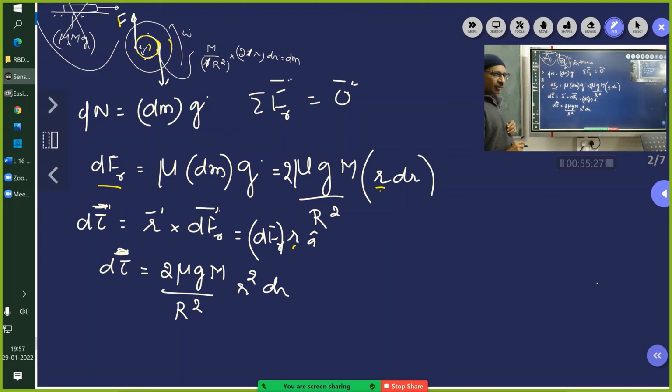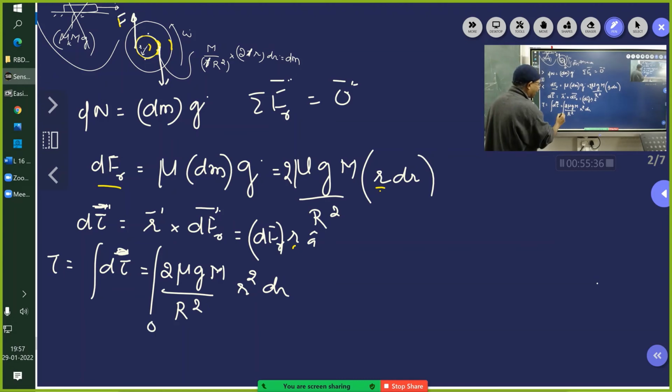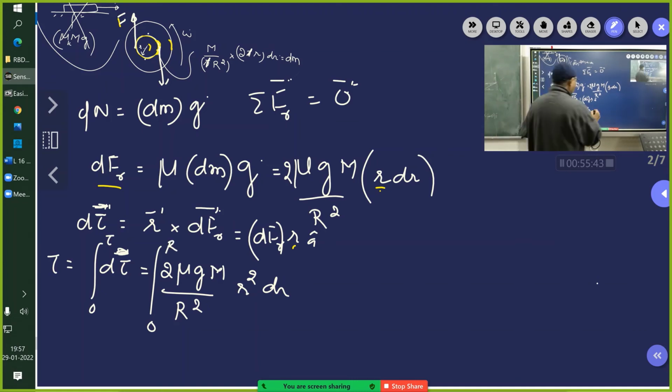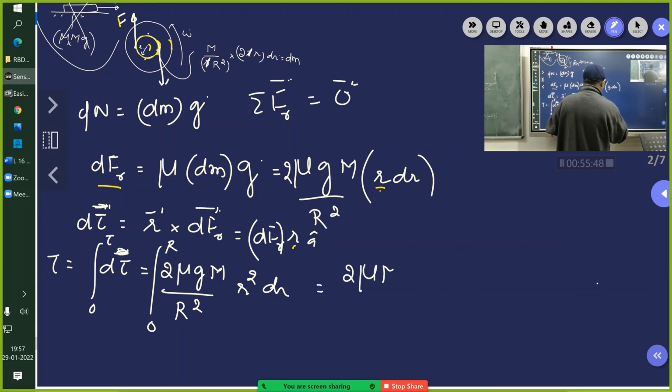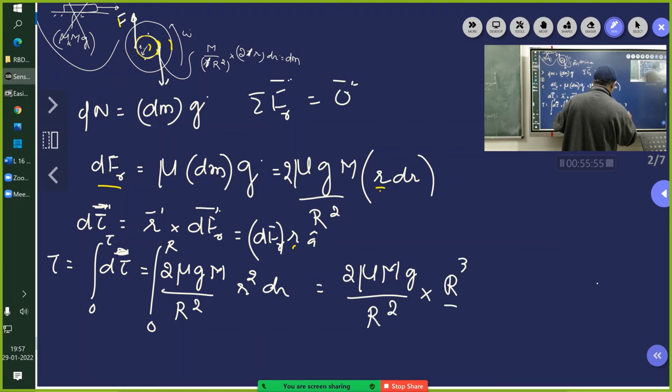So you get tau is equal to integration. So this integration will be 0 to tau and this becomes 0 to r, capital R. Okay, so that should straight away give you 2 mu m g by r square into r cube by 3. So this distribution goes, only one r will remain.